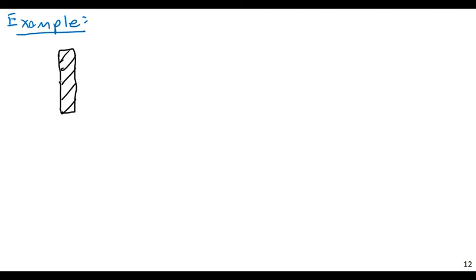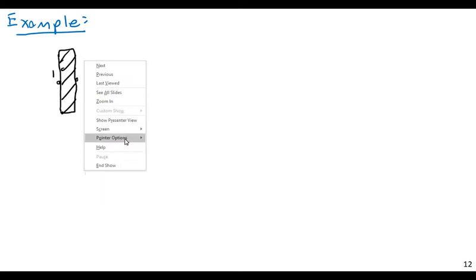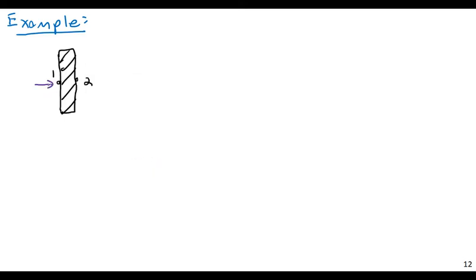I'm going to have point 1 on the left side and point 2 on the right side. And then I have velocity 1 and velocity 2. So again, this is a furnace filter.